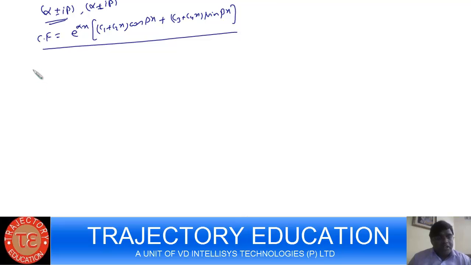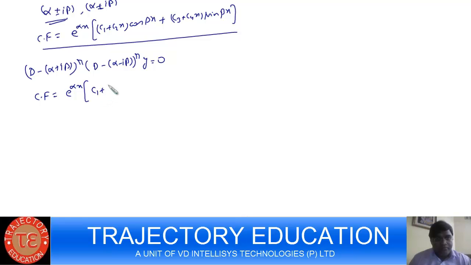Suppose they are repeated r times, like you have d minus, you have r times, right? Alpha plus i beta is repeated r times, alpha minus i beta is also repeated r times.